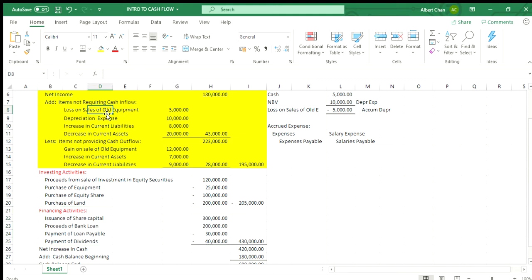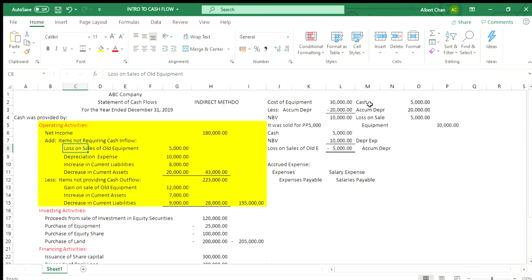The loss on sale decreases your net income, but there was no cash outflow. Why? Because when you make the entry, you debit cash of 5,000, debit accumulated depreciation of 20,000, loss on sale of 5,000, and credit equipment of 30,000.